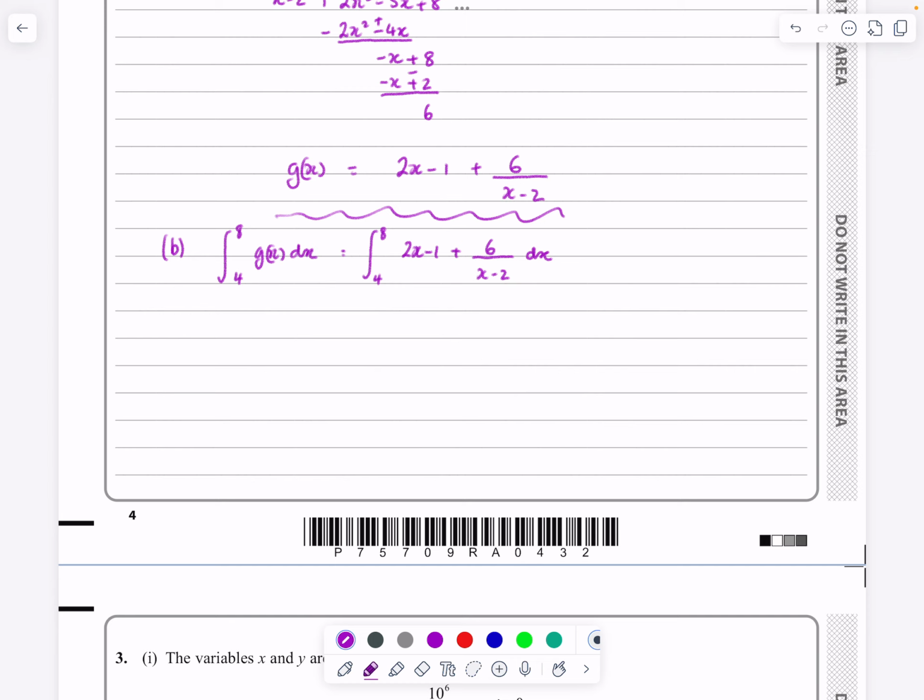Well, if I need to do that, then integrating 2x, add 1 onto the power, divide by the new power, gives me x squared. Integrating minus 1 gives me minus x.